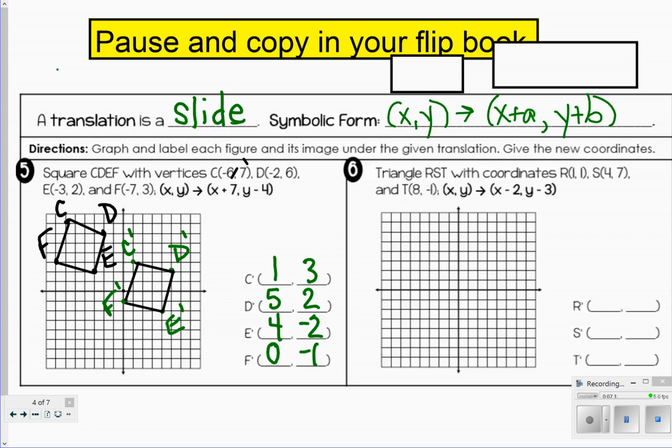Okay, go ahead and finish doing number 6, making the triangle RST and changing it -2 and -3.